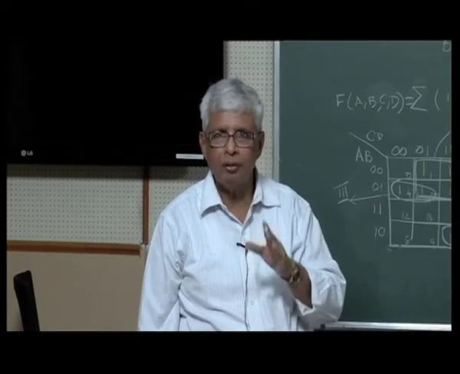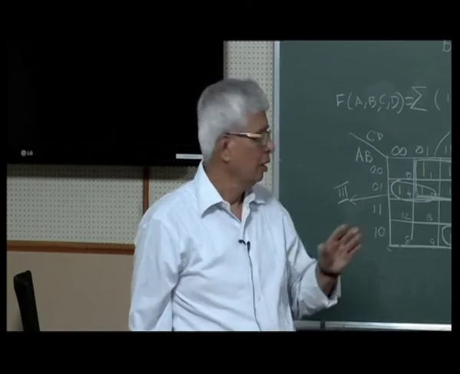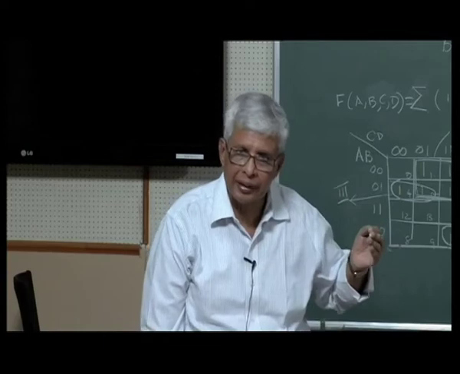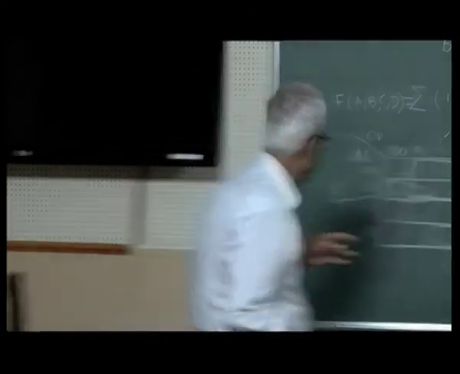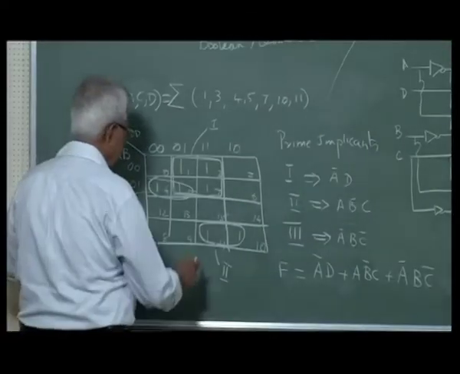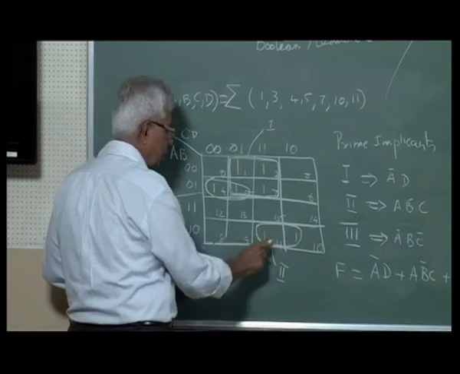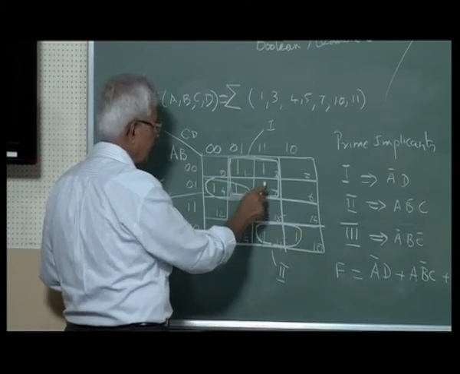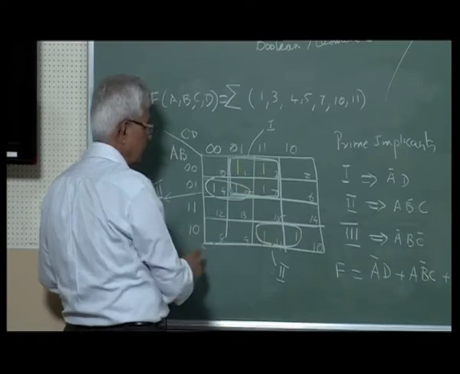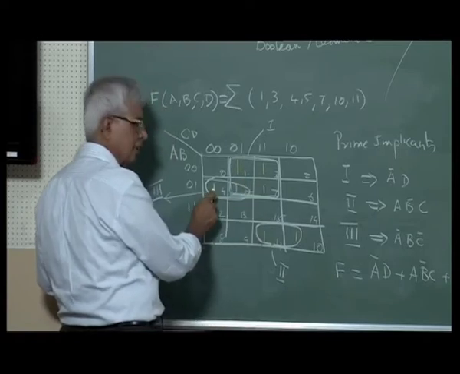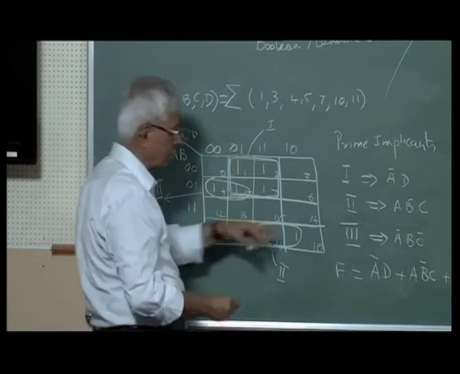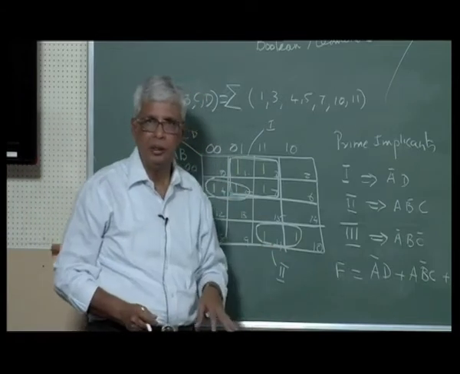At least one should be in a group which is not covered anywhere else. In this case, this is essential because these two ones are required. This is essential because these three are required. This is essential because this one gets left out otherwise. So all the three prime implicants are called essential prime implicants.